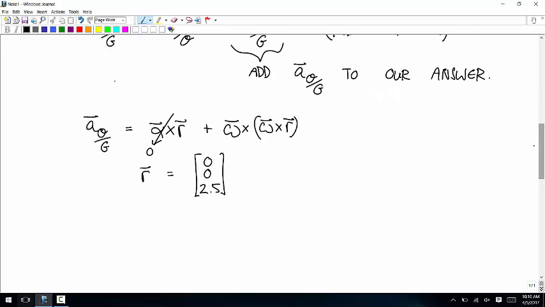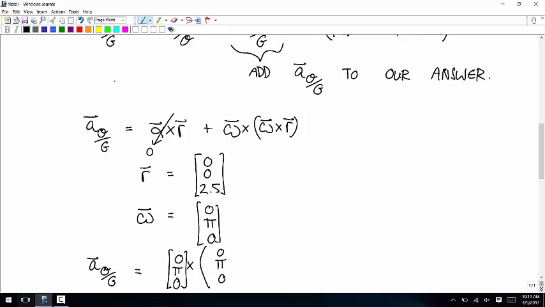And what's omega? Zero pi 0, yep. Good job. Okay, so the acceleration of the origin relative to the ground is equal to 0 pi 0 cross quantity 0 pi 0 cross 0, 0, 2.5.